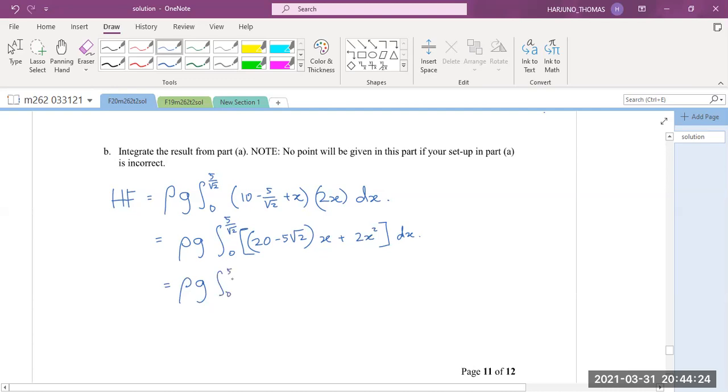I may be thinking too hard. So this will be 10 minus 5 over radical 2 again. I can just integrate that right away. Duh. That's x squared. No more integral.